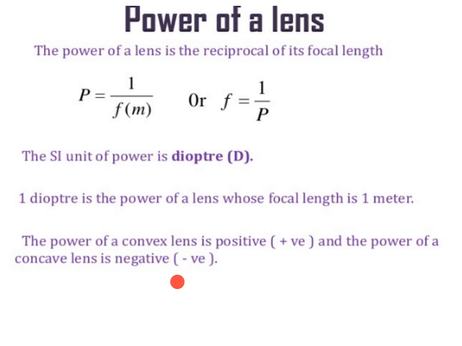So the formula of power of a lens is P is equal to 1 by f. If we use a convex lens, the power is always positive, and if we use a concave lens, the power is negative. And the SI unit is the diopter.